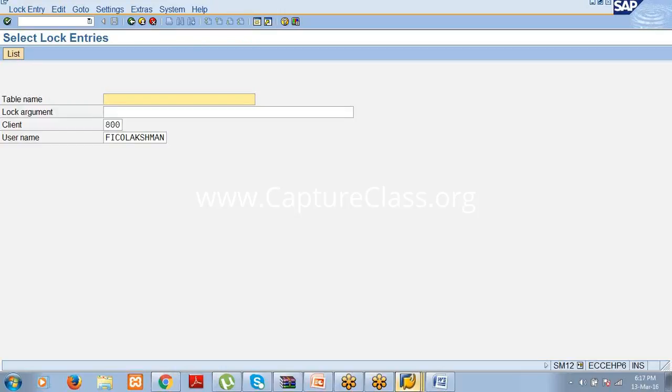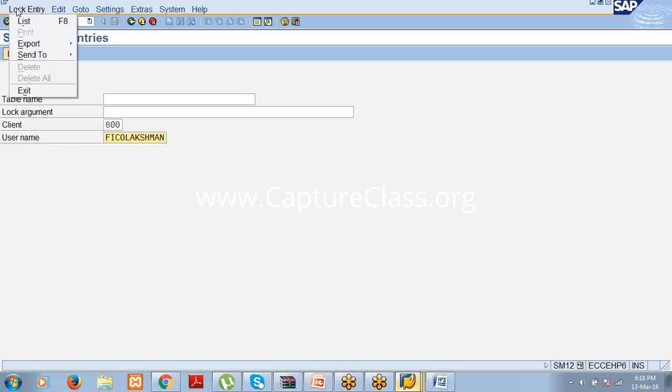Username is equal to, enter the name of the user by whom the screen was locked. So how can you know by whom the screen was locked? You can get it from the message in the previous screen, no? So we have to enter the name of the user.